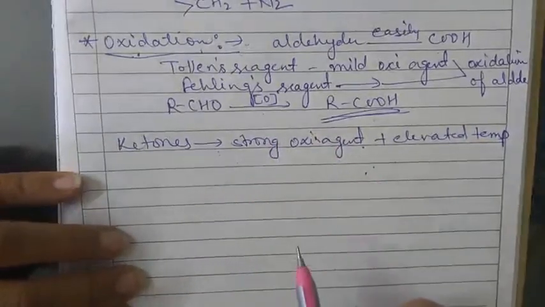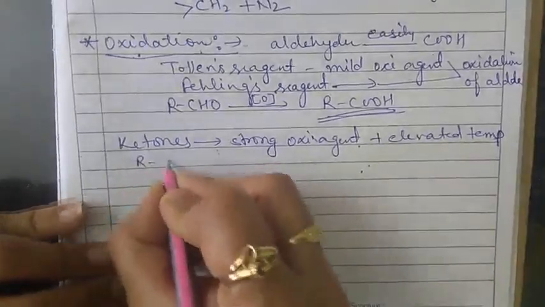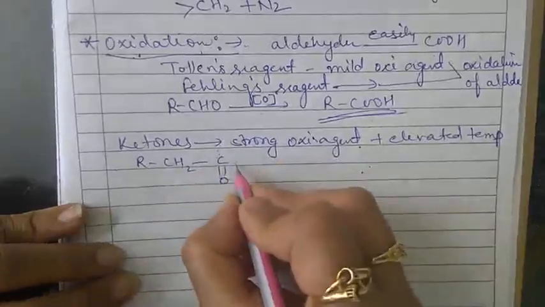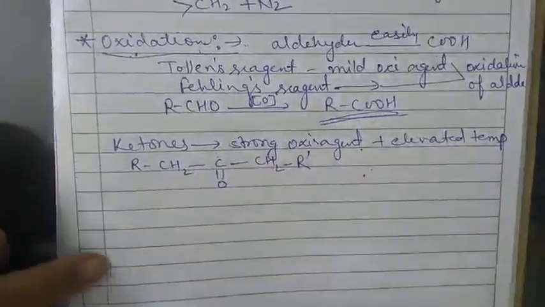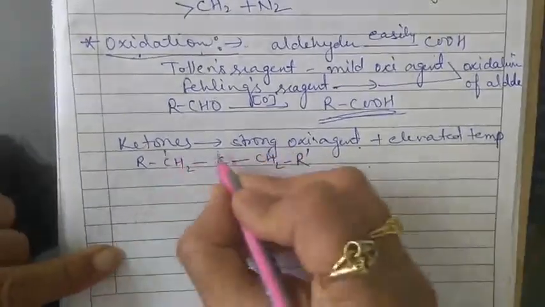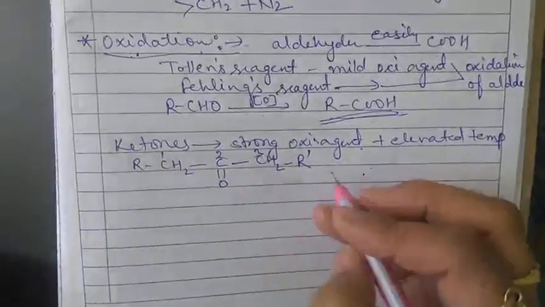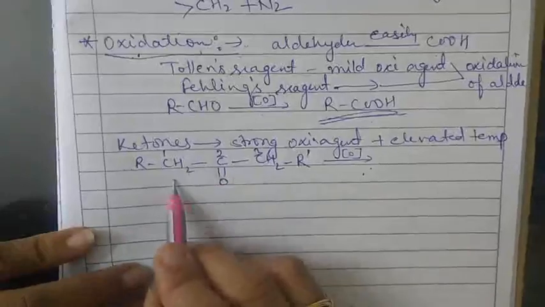than the parent ketone. How does the reaction take place? For example, we have RCH2, C double bond O, then CH2R dash. This is 1, this is 2, 3. We have 3 carbon atoms. When the oxidation takes place, first of all the cleavage takes place. Cleavage means breakdown.